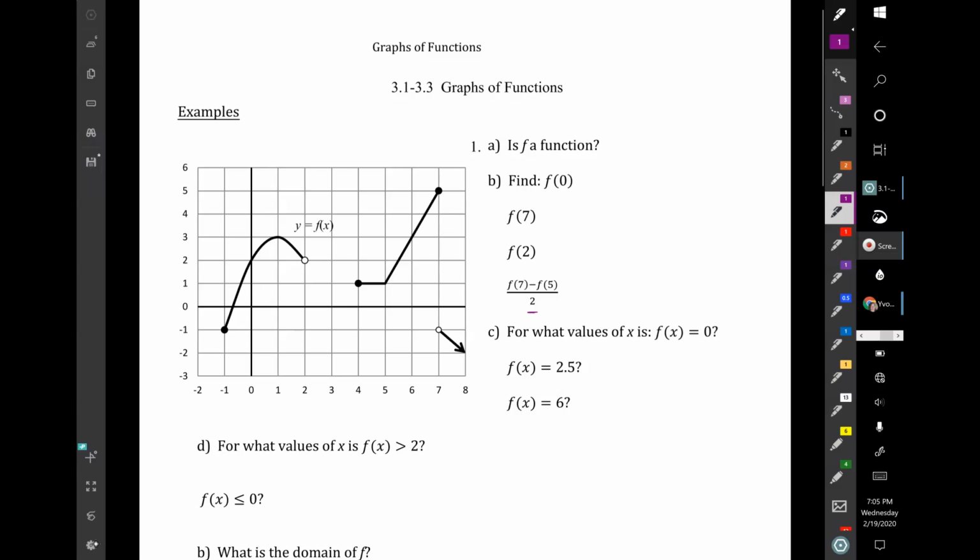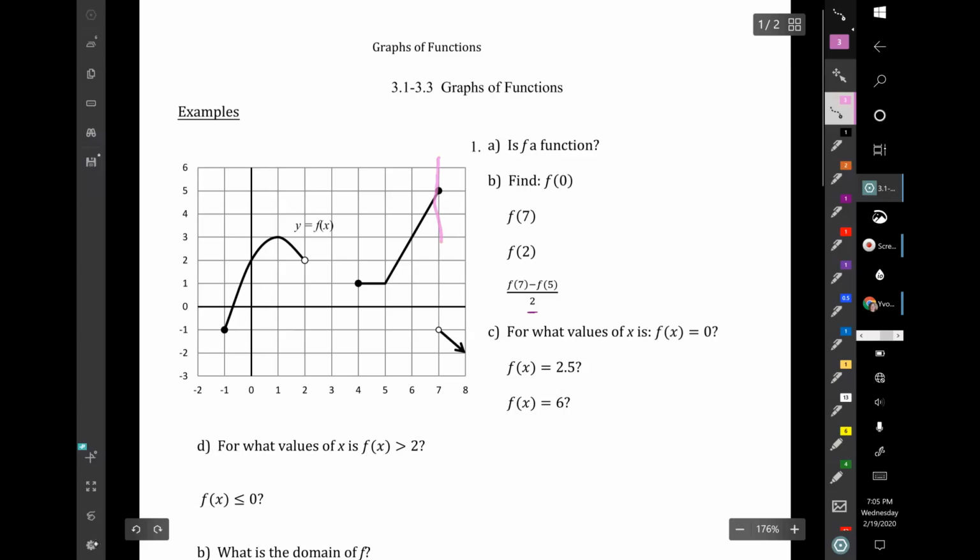So is this a function? We can use the vertical line test, and we use this little laser pointer. At any point I go down through, I only hit once. The spots you need to be careful of are here where the input is 7.